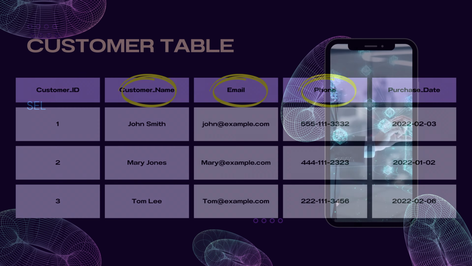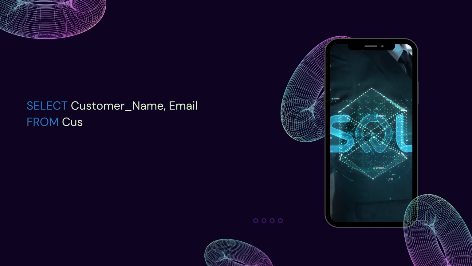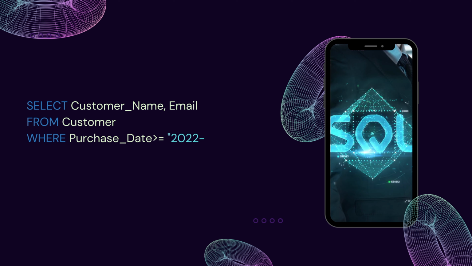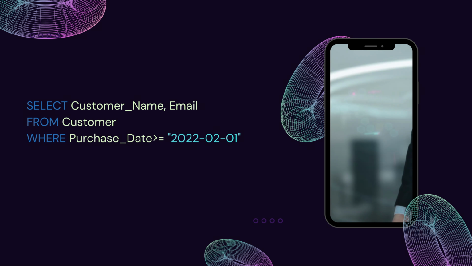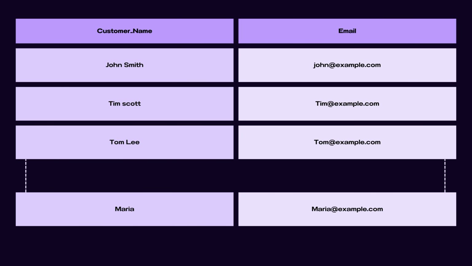We can do this with the following SQL statement: select name, email from customer where purchase date is greater than 2022-02-01. So this statement selects the name and email of all the customers in the customer table and filters the results to only show customers that have made a purchase on or after 1st February 2022.